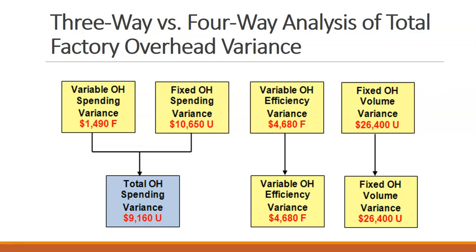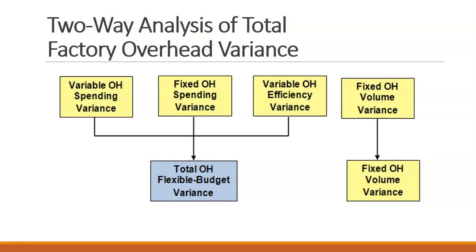We can also reduce that down to a 2-way variance. The 2-way variance changes the 4-way so that we put the variable overhead spending, variable overhead efficiency variance, and the fixed overhead spending variance into a total overhead flexible budget variance. And then we look at the fixed overhead volume variance.